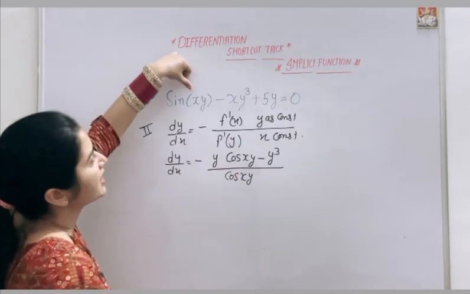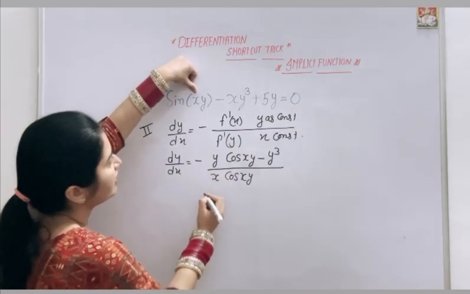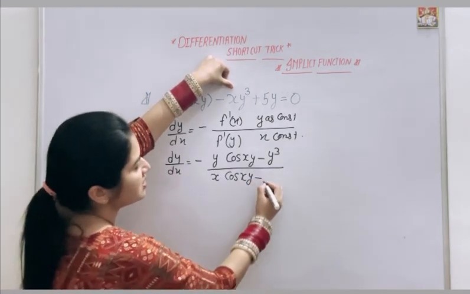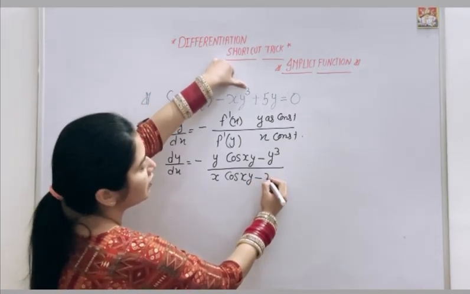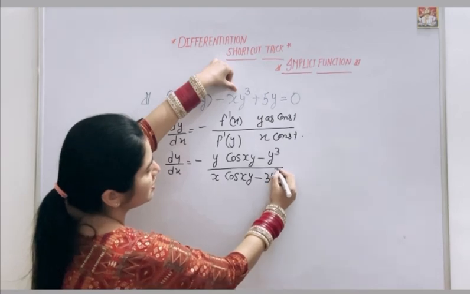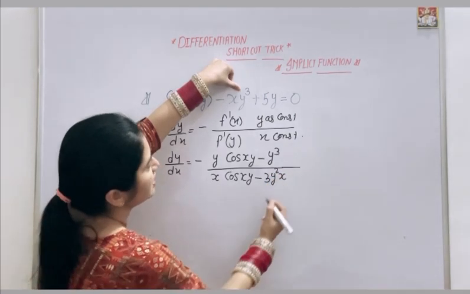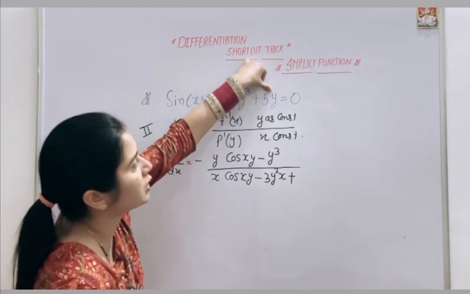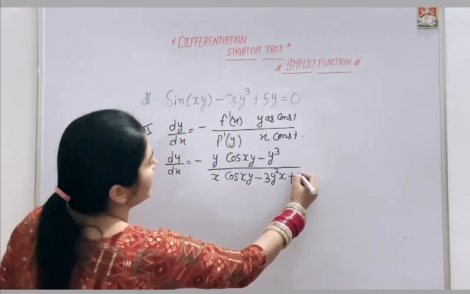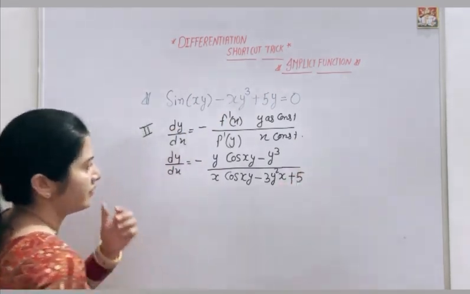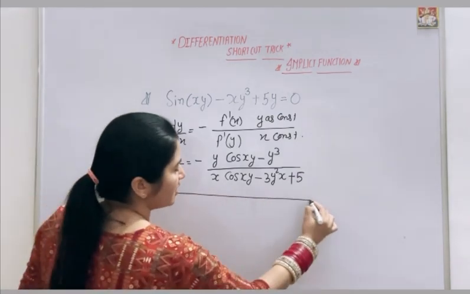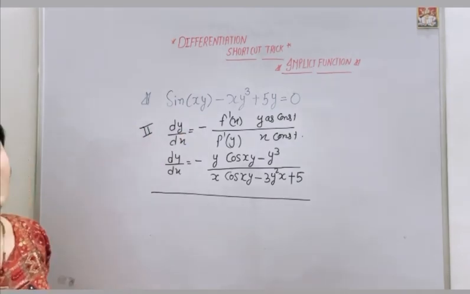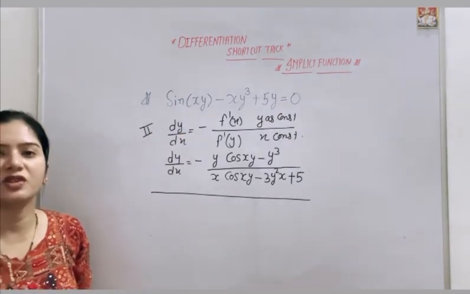This time we are taking x as constant and the derivative of y will be 1, minus x is constant and the derivative of y cube will be 3y square, x as constant, plus y with respect to y, so the derivative of 5y will be 5. This is our answer. With the help of this shortcut formula, we have found the derivative of an implicit function.